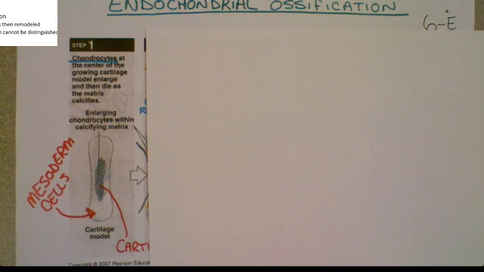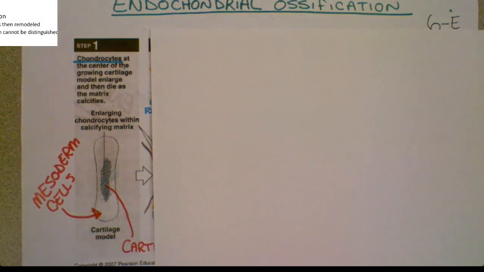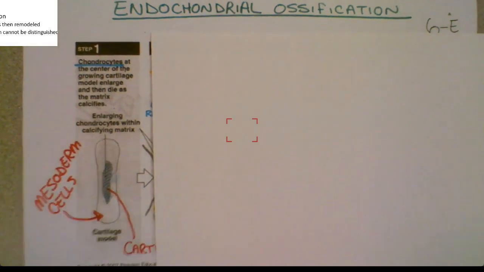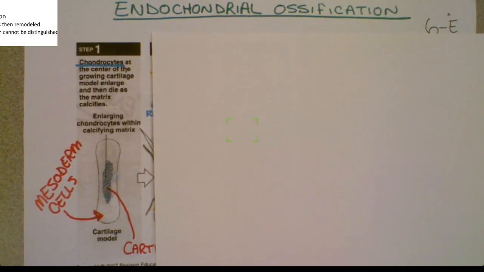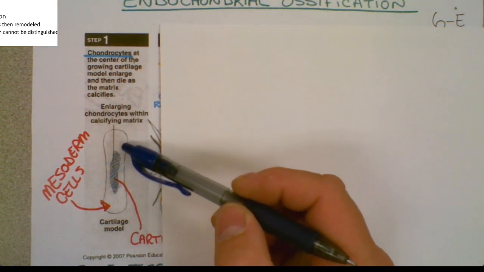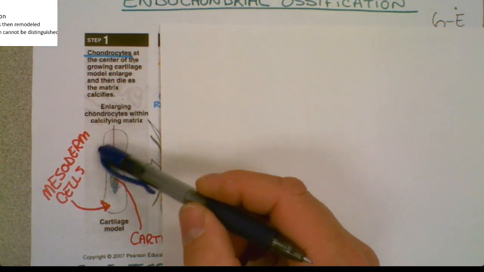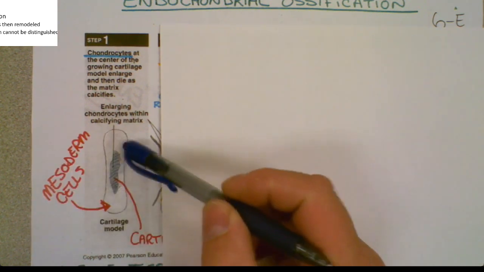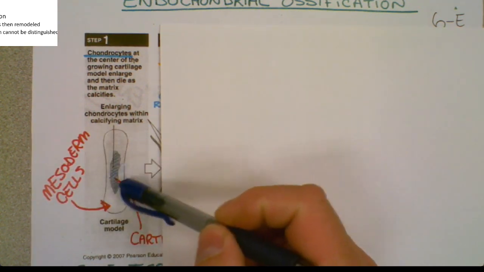The first step is having this mesenchyme or mesoderm template. And so it says chondrocytes at the center of the growing cartilage model enlarge. So what happens is we get a template of mesoderm cells or mesenchyme that lays down this connective tissue.